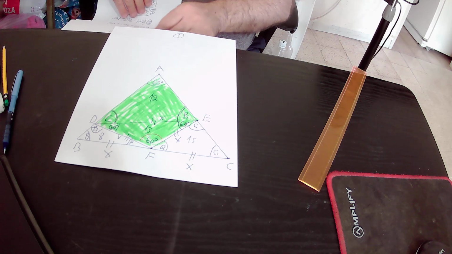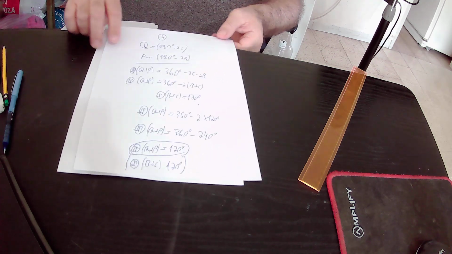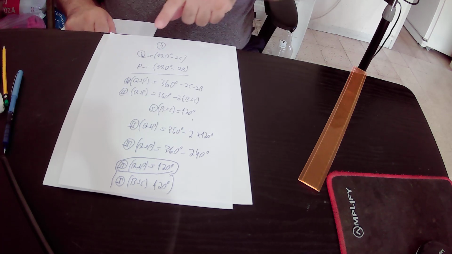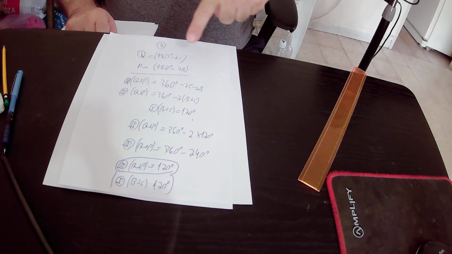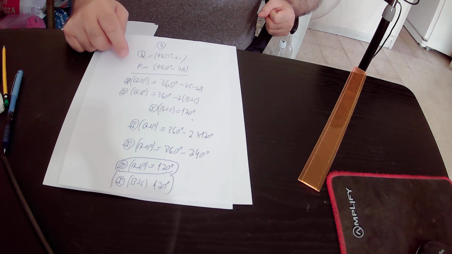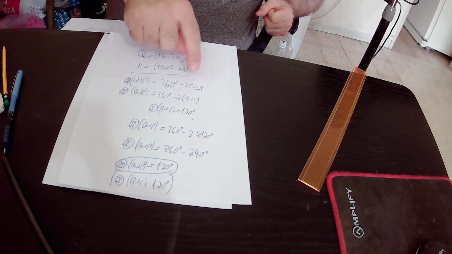and we got that angle Q equals 180 degrees minus 2C, and we already found out that P equals 180 degrees minus 2B. Then we added Q to P, so Q plus P equals 360 degrees minus 2C minus 2B.